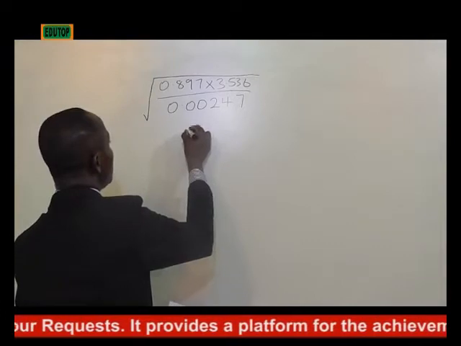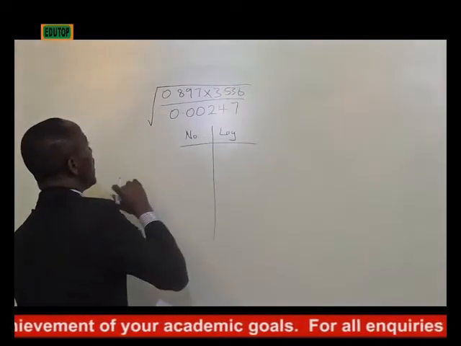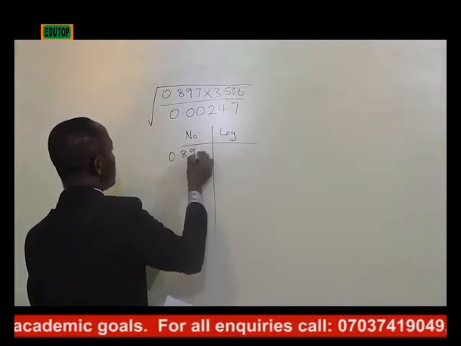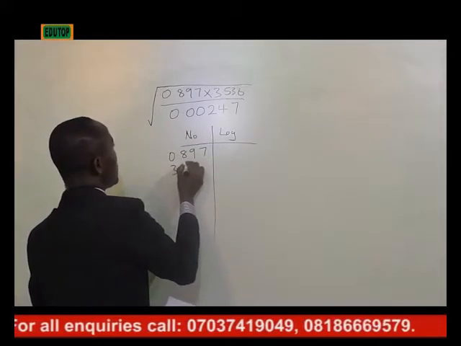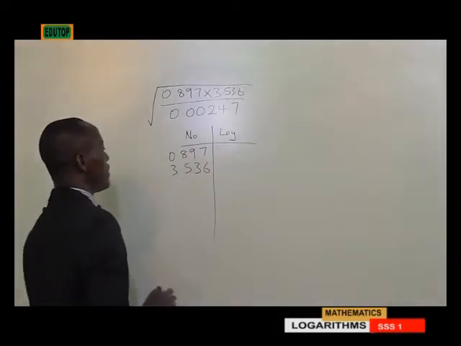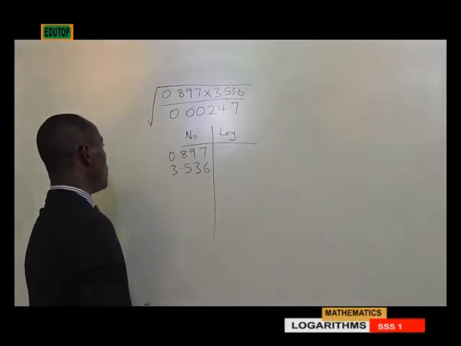That will be number, then log. We first deal with our numerator, that's 0.897, and then 3.536. The first thing we'll get is our integer for the logarithm value.